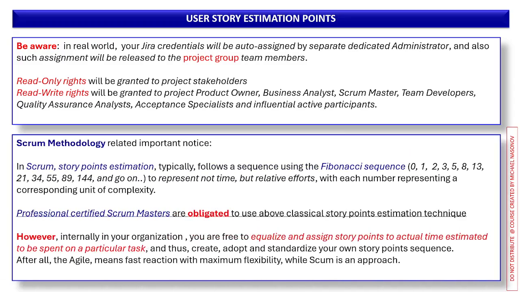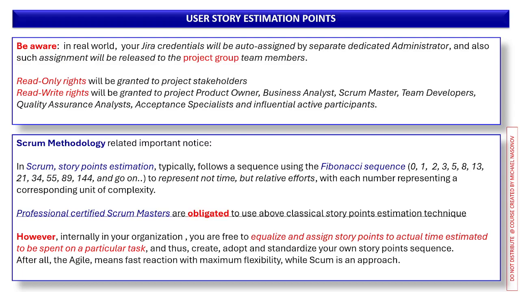Now, about Scrum methodology, an important notice. In Scrum, there is story points estimation, and it's typically recommended to use the so-called Fibonacci sequence to represent not time, but relatively estimated effort corresponding to complexity.